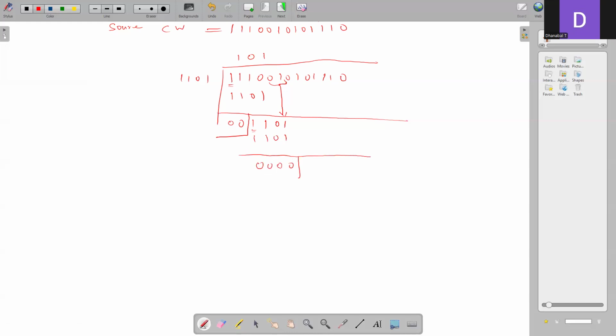All 4 zeros you can omit and bring the next 4 bits from the input for the dividend. And here the MSB is 0, so you can't divide it by 1. So we do it by 0. So 0, 0, 0, because 0 times all these will become 0. So that's what we are getting, 0. When we do exclusive OR, you get 0, 1, 0, 1.